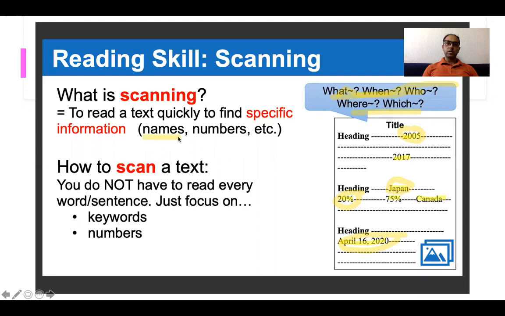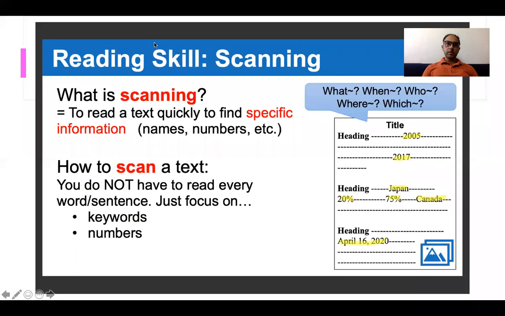It could be names, it could be numbers. How to scan a text. So when you want to scan a text, you don't read everything. Do not read everything. Read for the keywords, read for the numbers, or read for the examples. Please do that when you're scanning a text. So I want you to do this in this lesson.